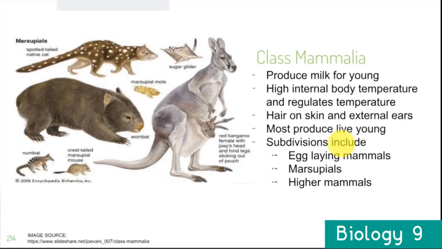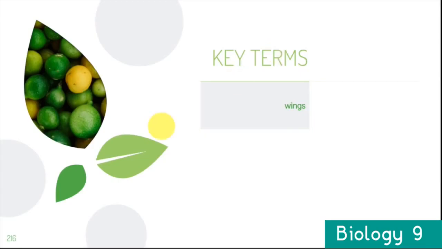And they are higher mammals. Higher mammals is another subclass within there, where they've got fully developed young, which are nourished by milk, and they've got glands. And some of these examples are rats, cows, elephants, monkeys, and also humans. We are higher mammals.